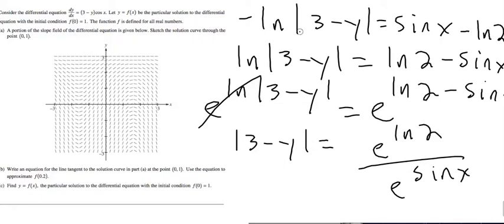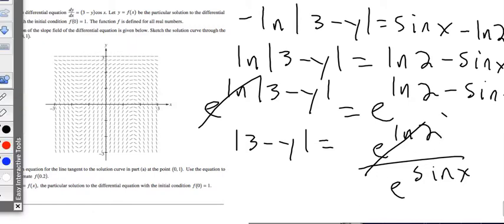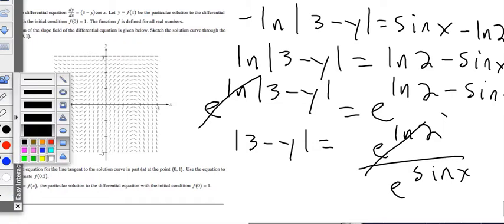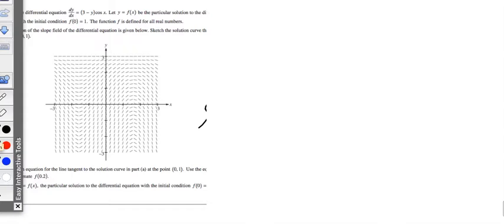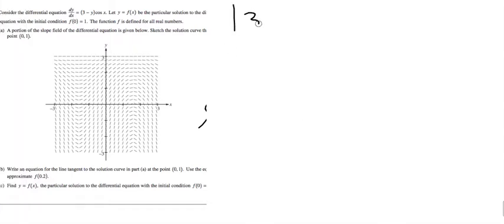Once again, I'm going to clear this space out, and we're going to have 2 in the numerator over here. Absolute value 3 minus y equals 2 over e to the sine x.